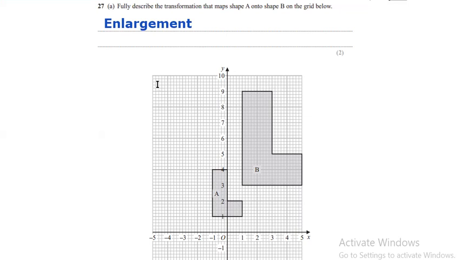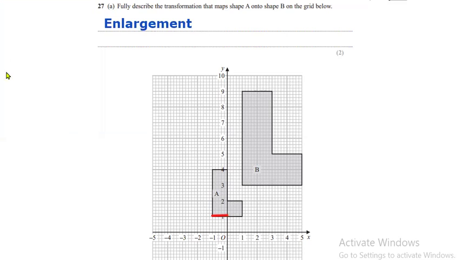Now, to find the scale factor, first we have to count the difference of size between the two shapes. Let's start with the first one. Let's make a line, using arrows, so it's better to see.